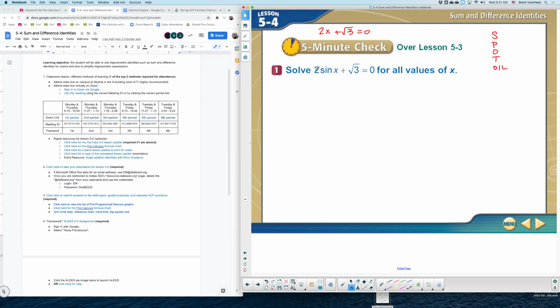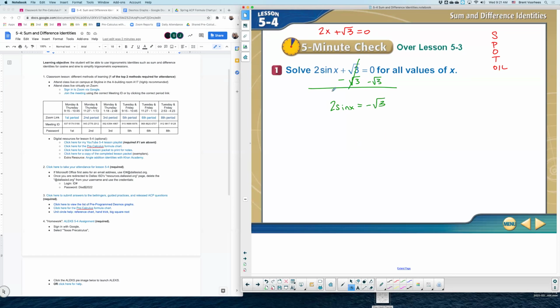So this is basically normal algebra 1. How would I solve this in algebra 1? I would first subtract the square root of 3. And so I'll do that same thing here. I subtract square root of 3 from both sides of this equation. This is because x is only to 1 power. And if it's only to 1 power, you can isolate by doing opposites here.